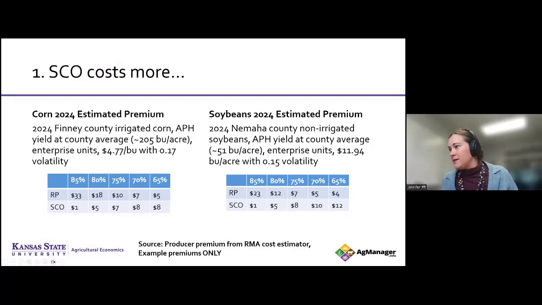But in this example, again, 16, 15, and that could be rounding error as well, 15. So not a lot of difference until you get to 80, 85%, where for producers that want a higher coverage level, SCO is going to be a lot more affordable than an 85% revenue protection policy. Again, it's going to vary a little bit from county to county, but those are some general principles in terms of the cost and how it works with different coverage levels.